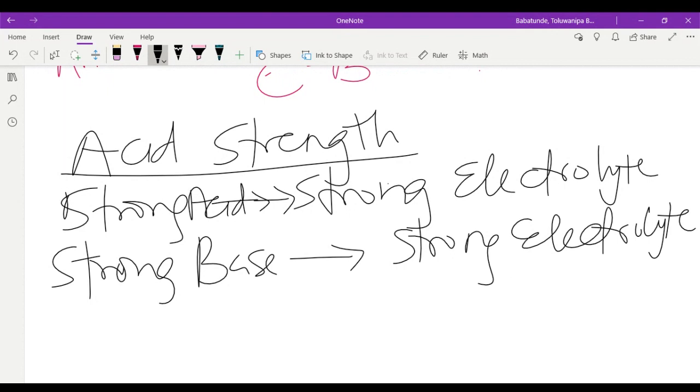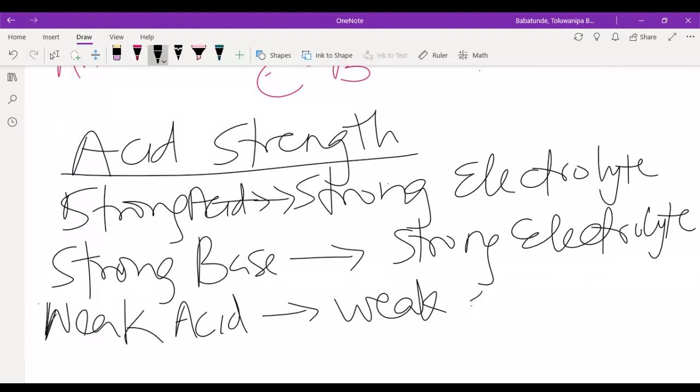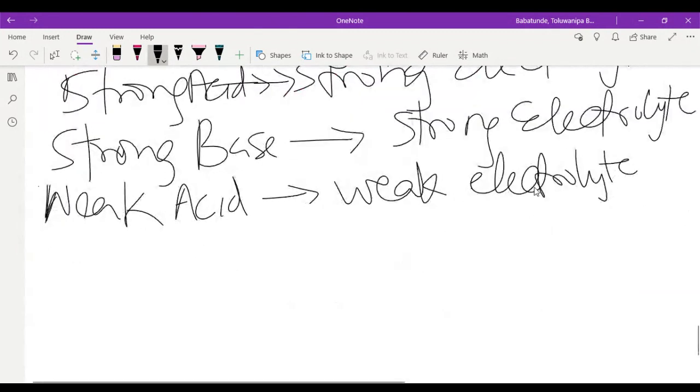And a weak acid will be a weak electrolyte, because the molecules are not going to be fully ionized.